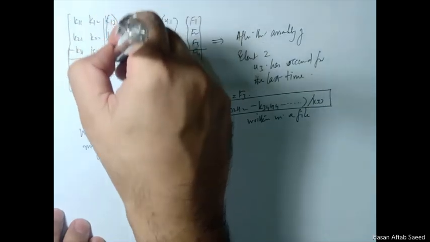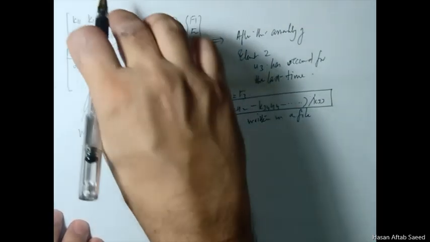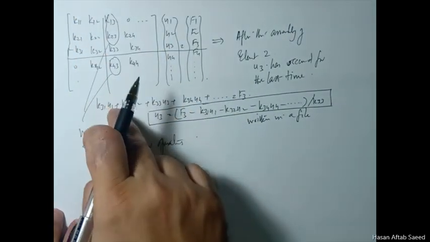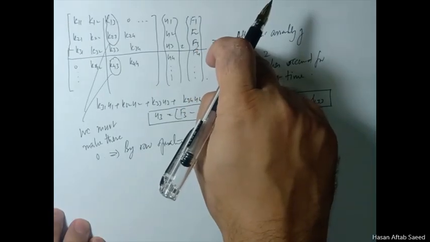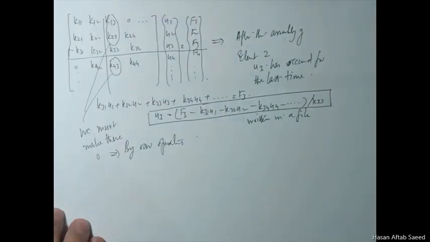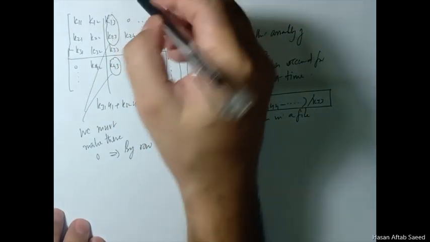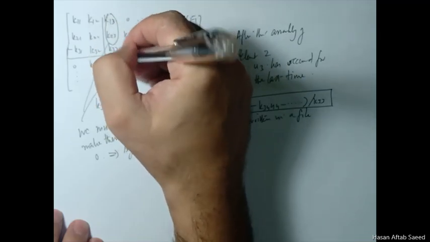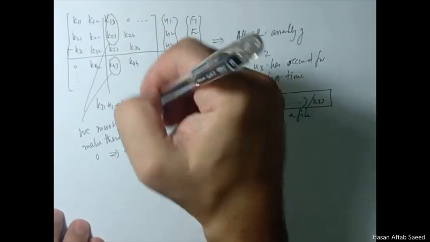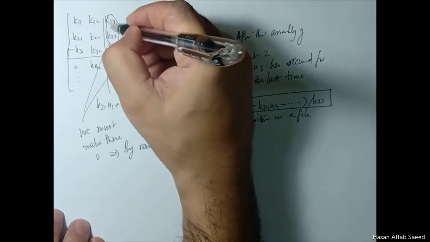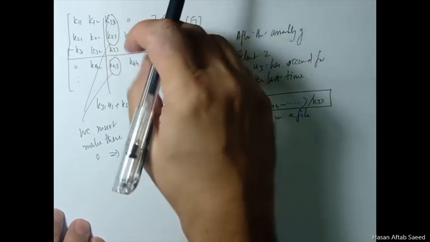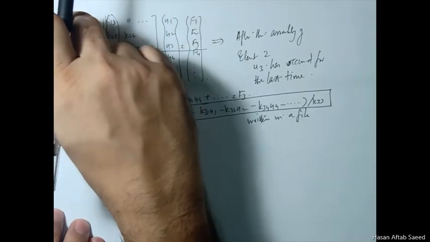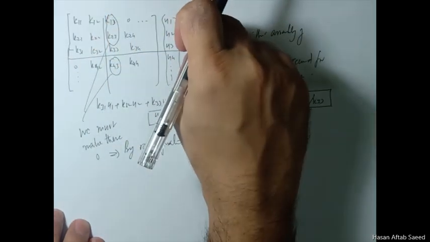We'll make sure all these column values become 0, so that we have no problem in eliminating this column as well as this row. You cannot apply row operations on just this column only. If you apply row operations to make this column value 0, then you have to apply the same row operation on all other elements, including the force terms.